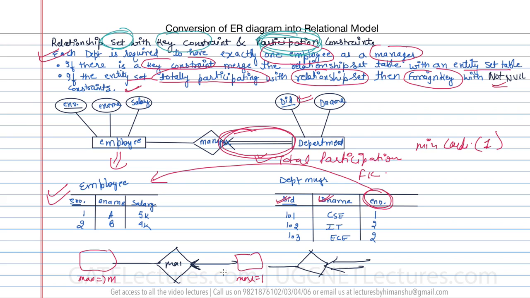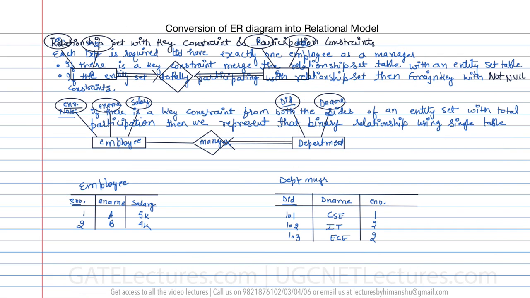They are not discussing the minimum cardinality, or you can say participation is the minimum cardinality. Here we are not discussing the minimum cardinality, but when I'm saying it is total participation, that means the minimum cardinality or participation is 1. Okay, that is why this is like this only. Now let us take the next example.